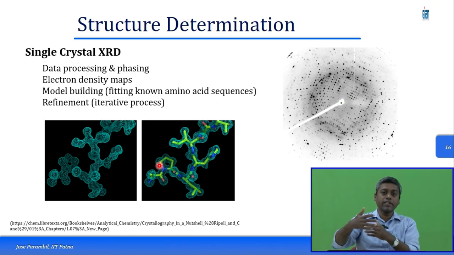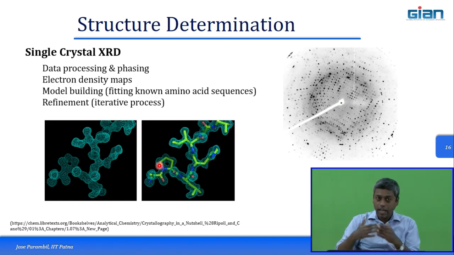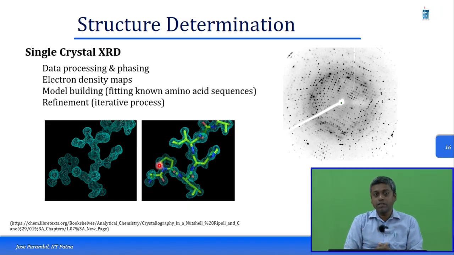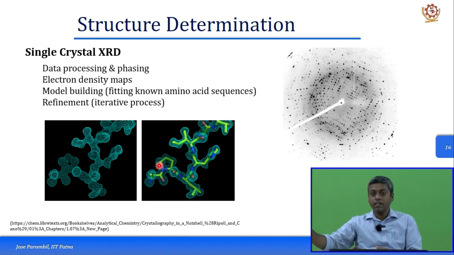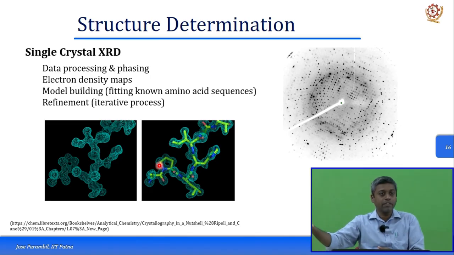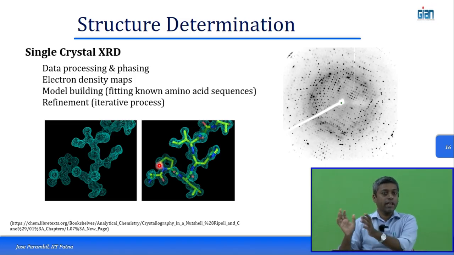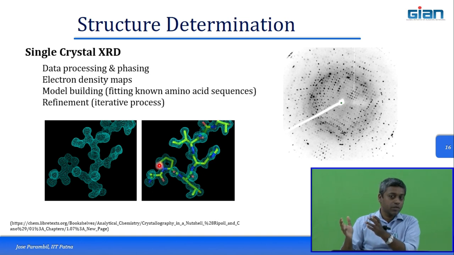Then you can work out whether they are directly linked. And if you already have the one-dimensional, basic amino acid sequence, then you know there is an amino acid of a particular nature, so it must have a particular carbamide bond or disulfide bond there. You can correlate with that and work out the structure.